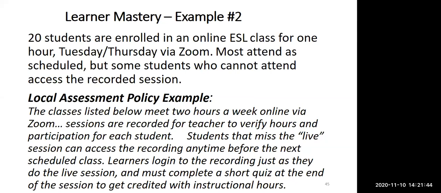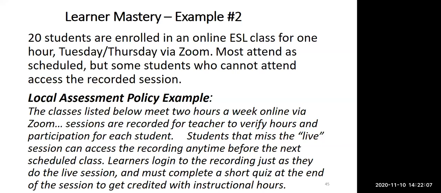In this case, we've got 20 students enrolled in an online ESL class, Tuesday, Thursday via Zoom, similar to that first example. Most students attend as scheduled, but some students can't attend. So we direct them to access the recording sometime after the scheduled session.